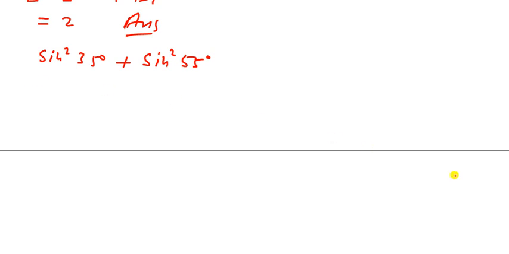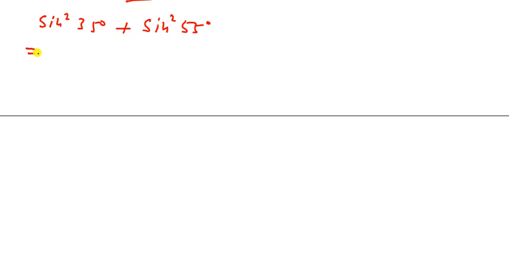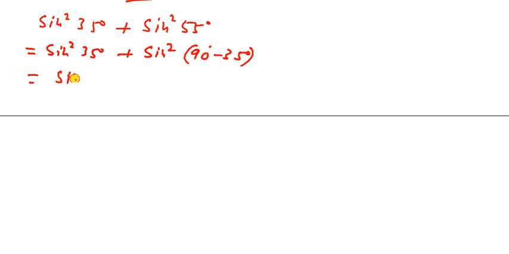So first of all, it is sin square 35 degree plus, the angle which is greater than 45 will be changed, so sin square(90 degree minus 35 degree).